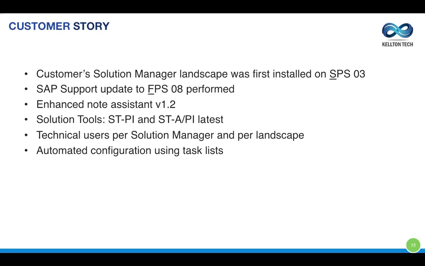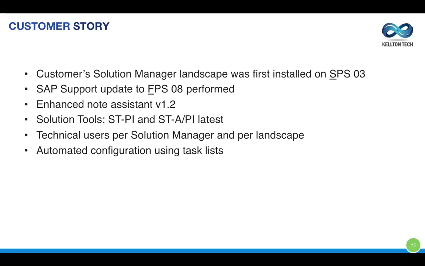So the customer, when we did the installation, was on support pack stack 3. And a few months ago, this news about the support backbone update came. Since we work closely with SAP, we knew it would happen. But support pack stack 8 was not there yet. It was support pack 7 or something like that last year. So we didn't want to update to support pack stack 8.